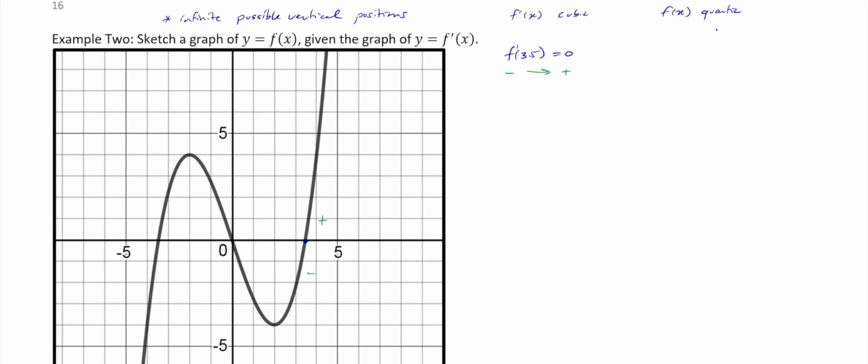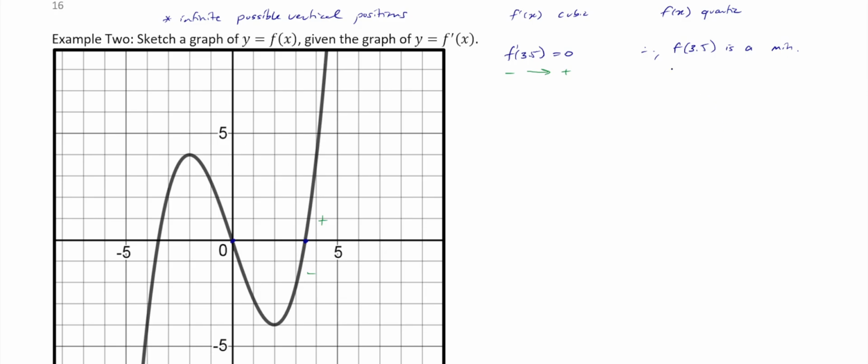So we have a 0, and the first derivative goes from negative to positive, so the function was decreasing to increasing. So therefore, f at 3.5 is a minimum.